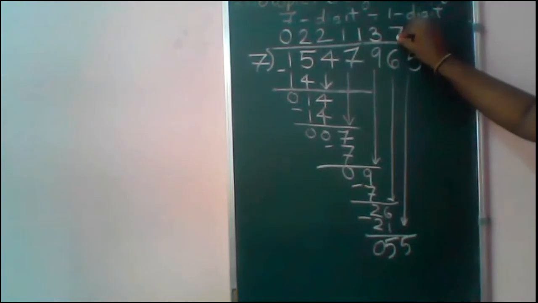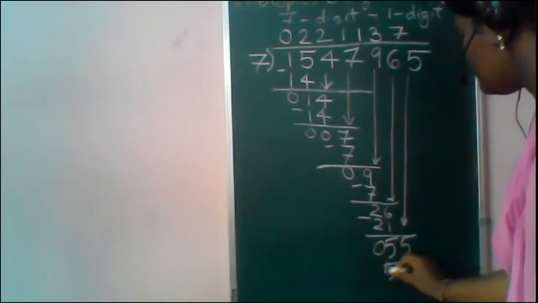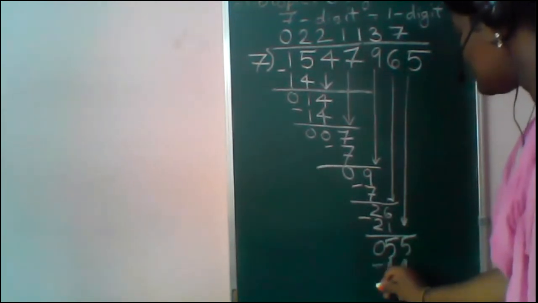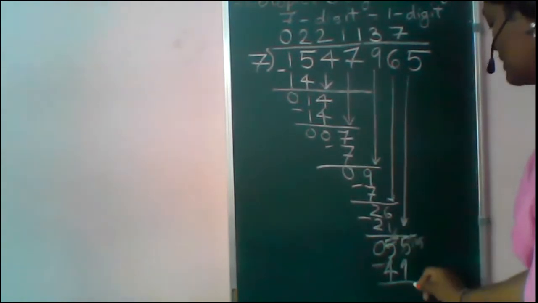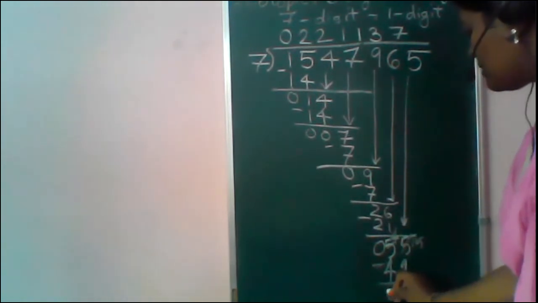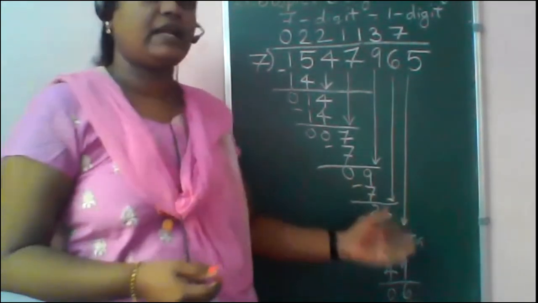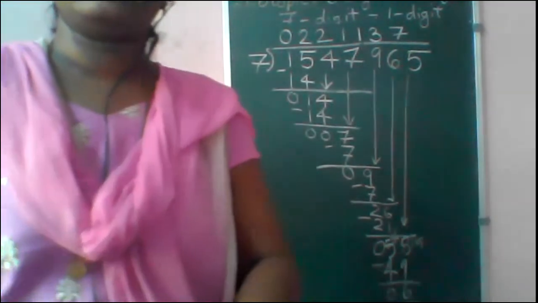We have 7 sevens are 49, and we subtract, and 6 remains as the remainder. So in this way, the quotient comes as 2,21,137 with the remainder 6.